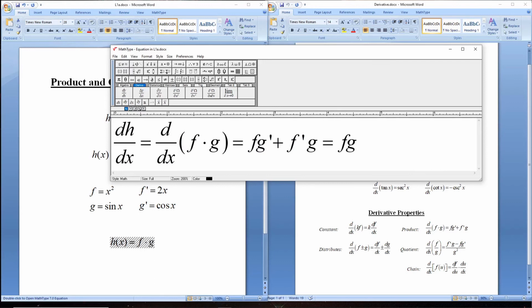So if you do look at other material or read other things, some people also like to write this as f g prime plus g f prime. So they like to have the derivatives always second. However you want to remember it, it's up to you. Both these ways equal each other. I don't want to get too confusing about things, so I'm just going to stick with the alphabetical way.